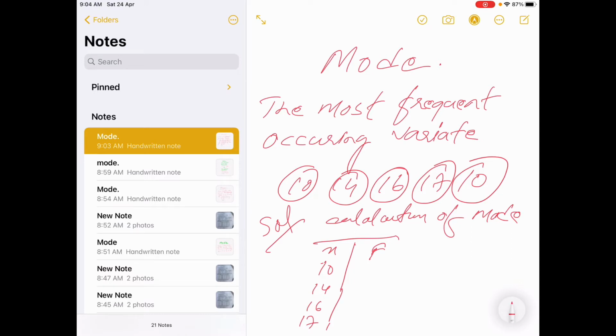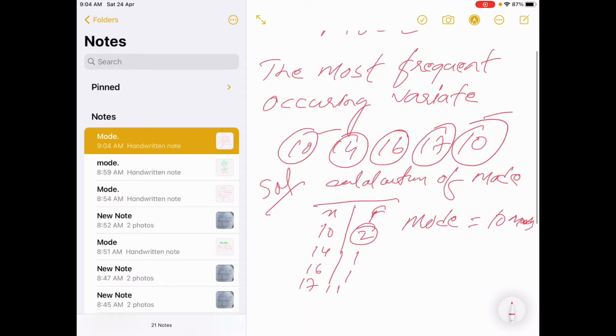So 10 is occurring two times, 14 is occurring one time, 16 is occurring one time, 17 is occurring one time. So your mode is 10 marks, because 10 is occurring two times and the rest of the variates are occurring only one time.